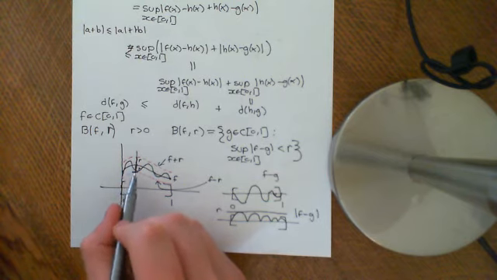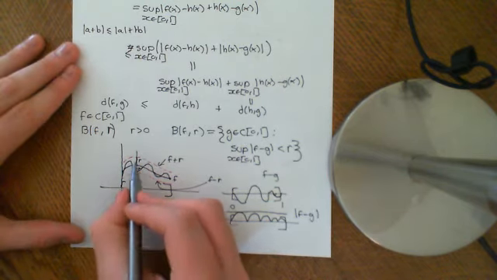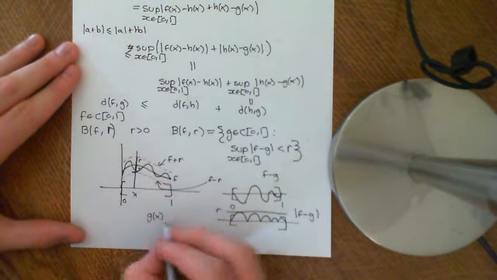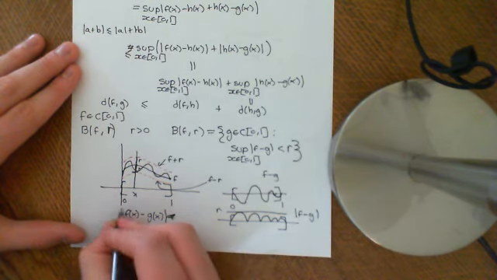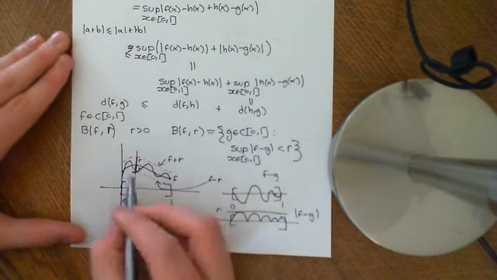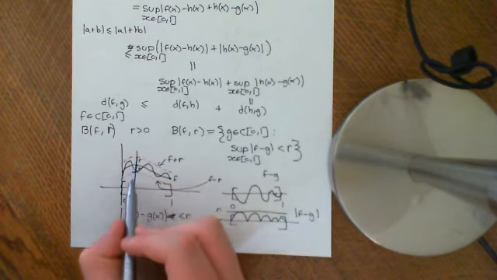If you look at what g of x was, it's always going to be within the ribbon. So g of x minus f of x, or f of x minus g of x, if you take the modulus of that, it's always going to be less than r, because it's within this ribbon, and this ribbon goes up to f plus r and down to f minus r.